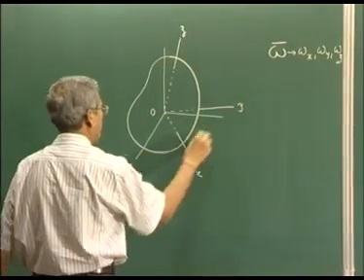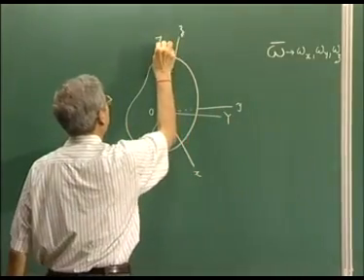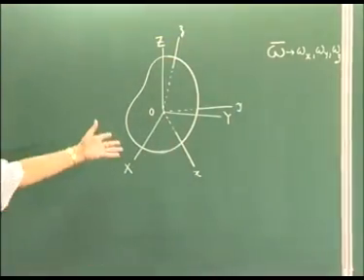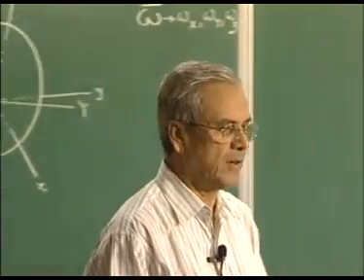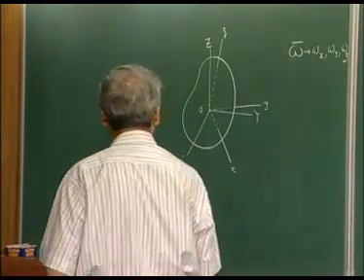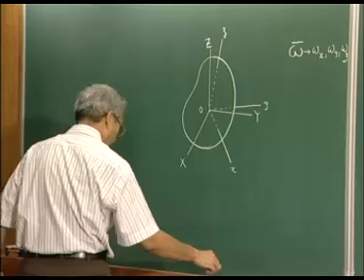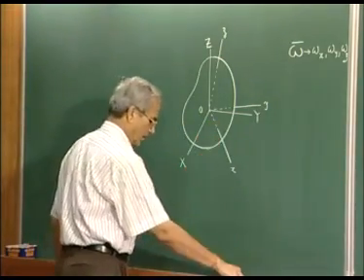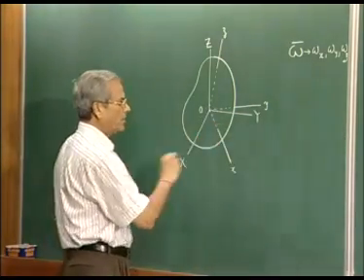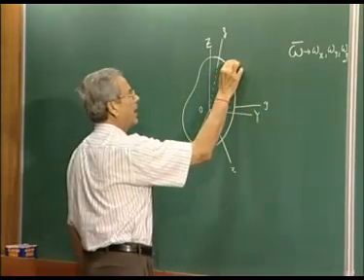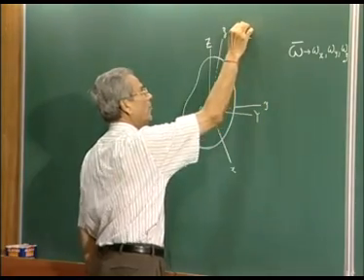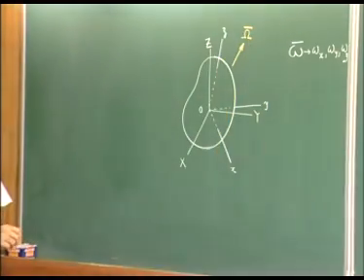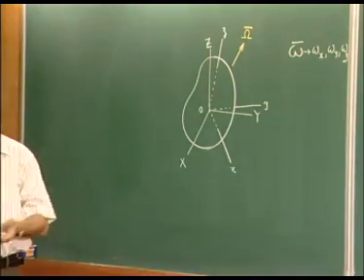coordinate capital X, capital Y, capital Z, and without losing much generality in the results, we can make the 2 origins coincide at O. This smaller xyz system has an instantaneous angular velocity capital omega with respect to the fixed frame of reference.